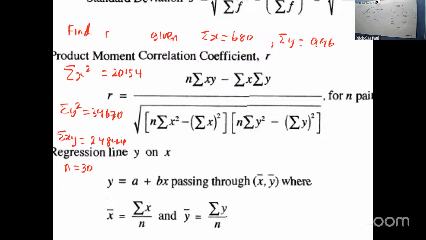Use those values, plug them into your formula, and tell me what you get for R. And tell me what type of correlation it is: positive strong, positive weak, negative strong, negative weak. Strong is anything above 0.7, 0.8 around there. Then you have weak, and then very weak.